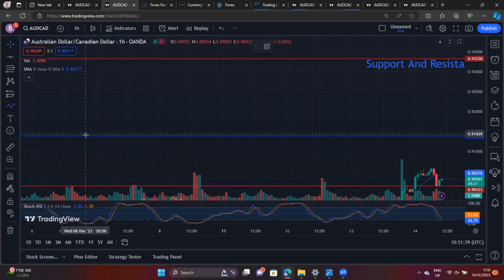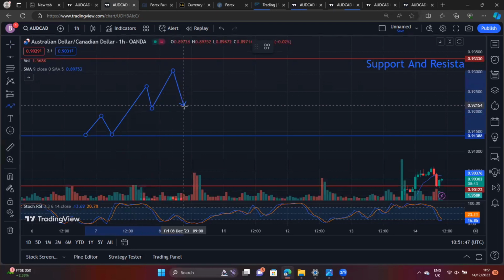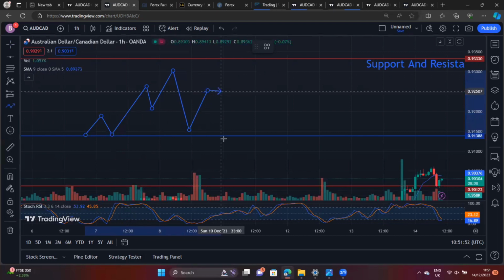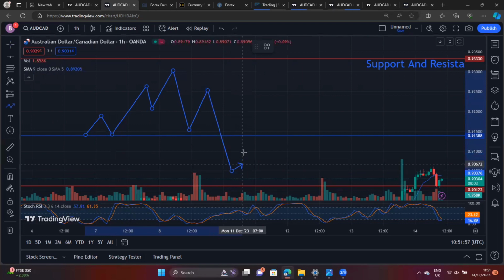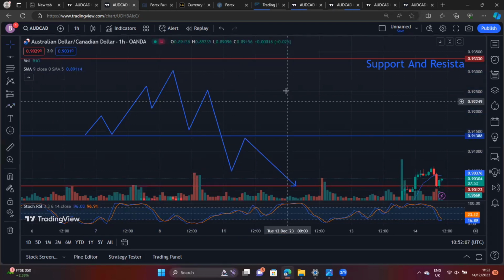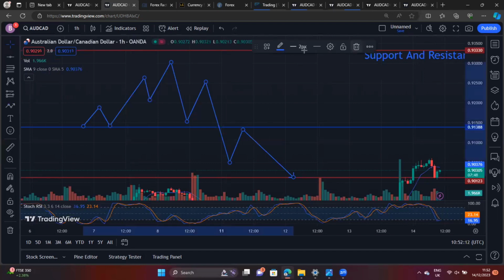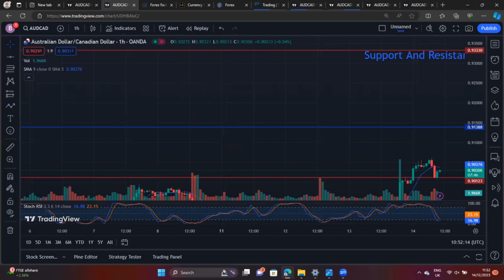Price tested it and went up, came right down again, and let's say it went up and automatically broke that zone. When price comes back to that zone, what happens? It becomes a resistance and price drops back. This is the scenario of how support can also become a resistance. It's very important to pay close attention to this.